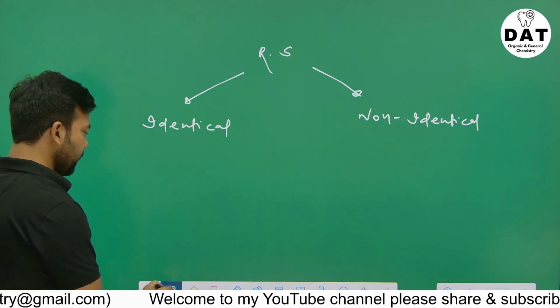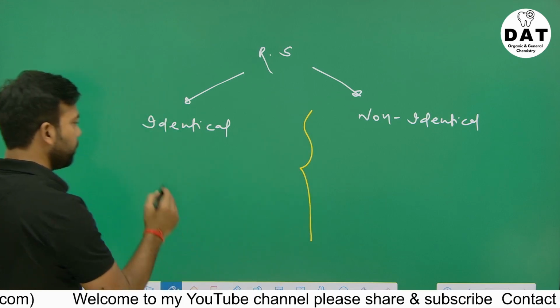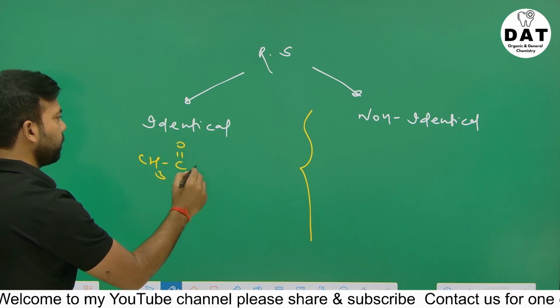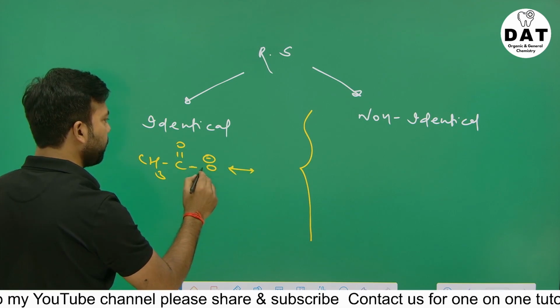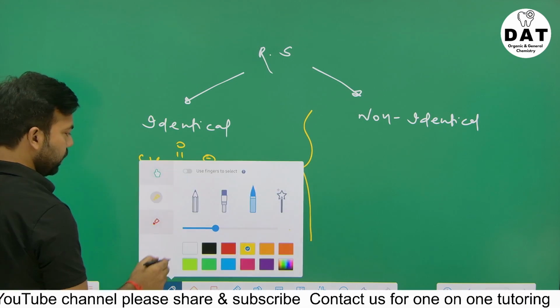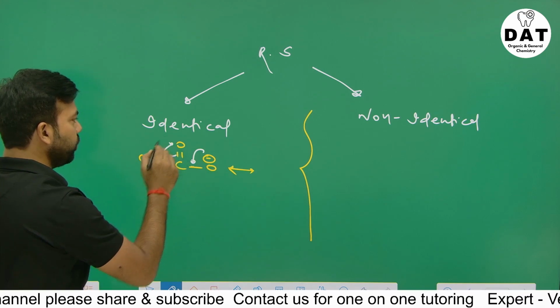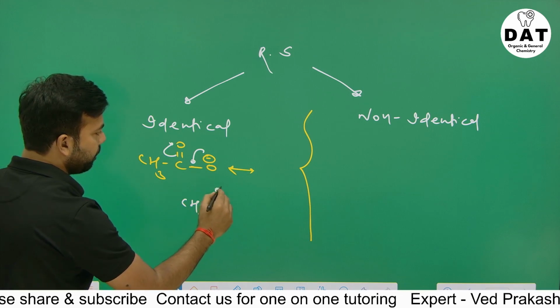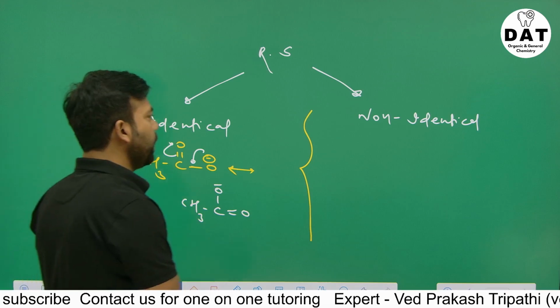So look at the identical example. You can see it will donate like this and this bond is going to break this way. So it will form this structure. And non-identical is this one.